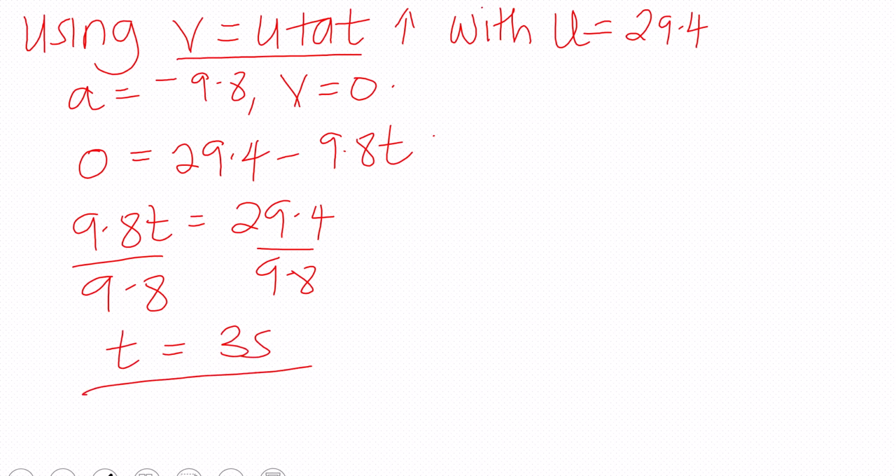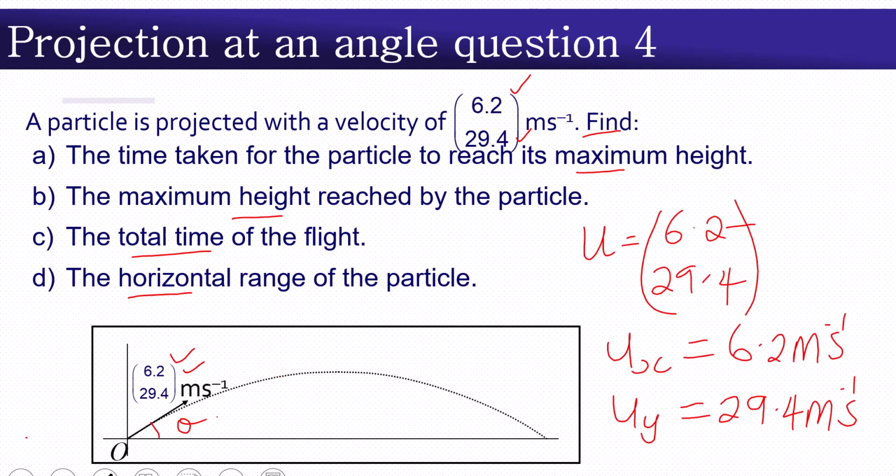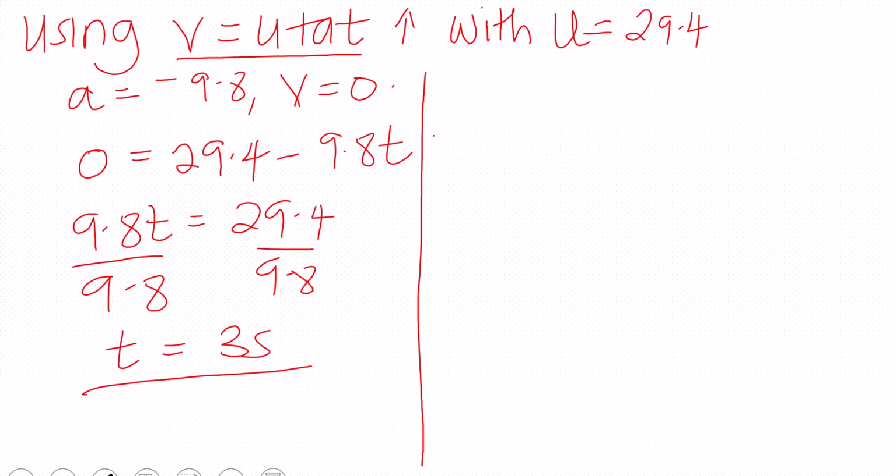And then for part B, we want the maximum height, which is the distance here. So we are going to use now the second equation of motion. Let me erase this information here so that we can calculate that one.